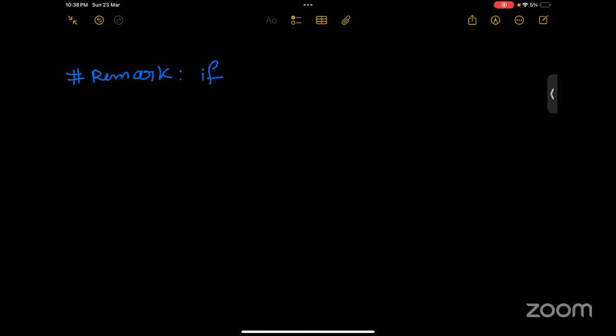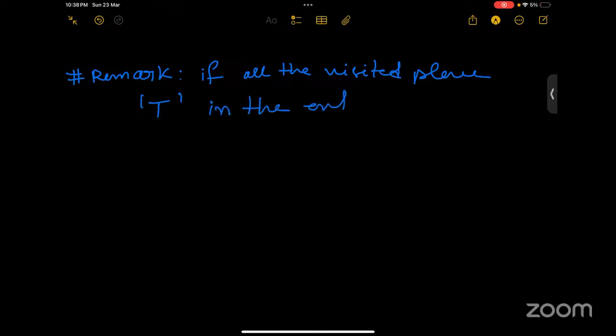If all the visited places are true in the end, that means the graph is connected. Okay.